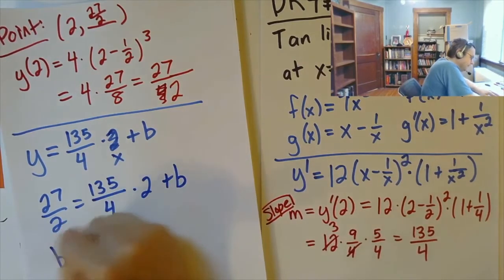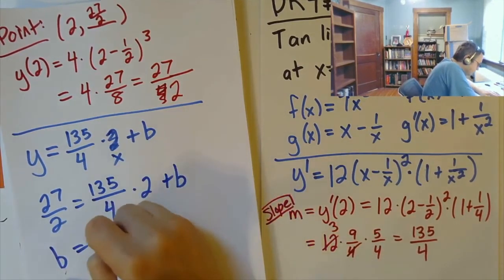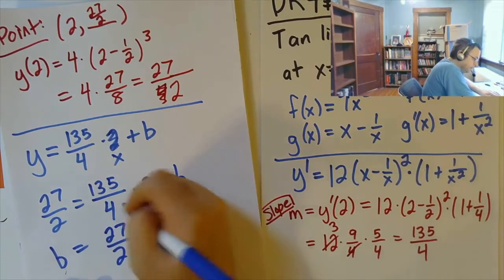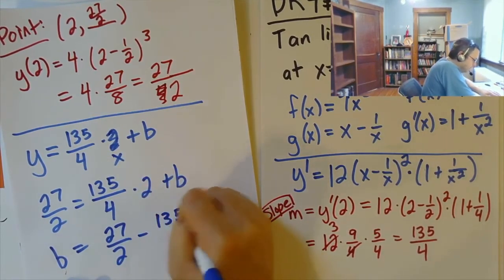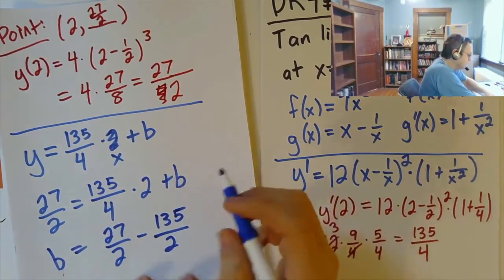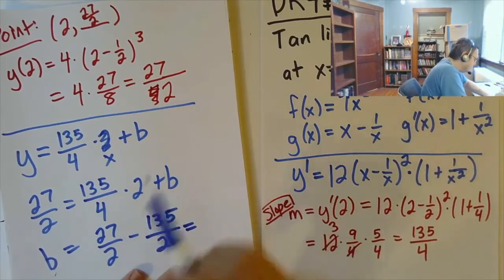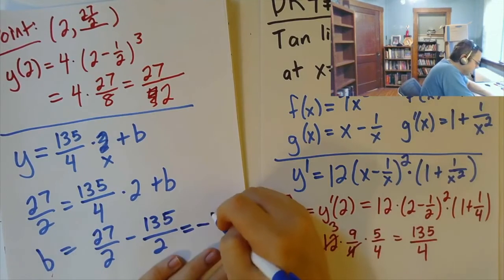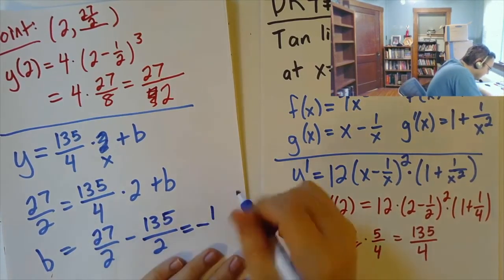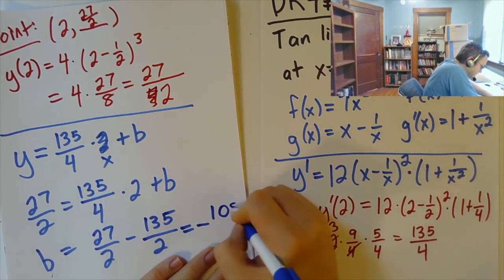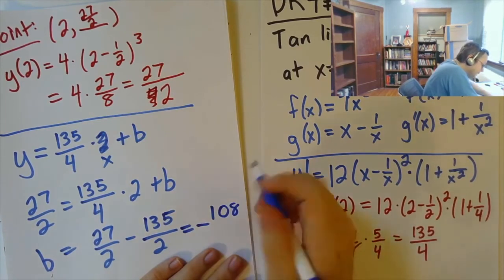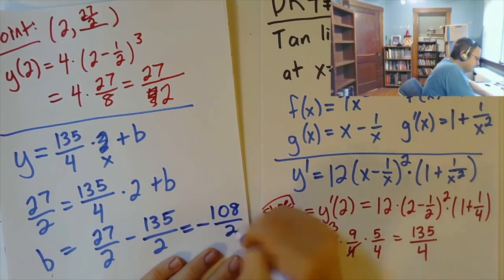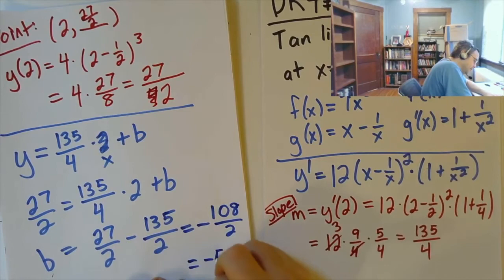So b is 27 over 2 minus 135 over 2, which is going to be, if I calculate this out, negative 108. If I added those, yep. Negative 108 over 2, which, as it happens, is negative 54.